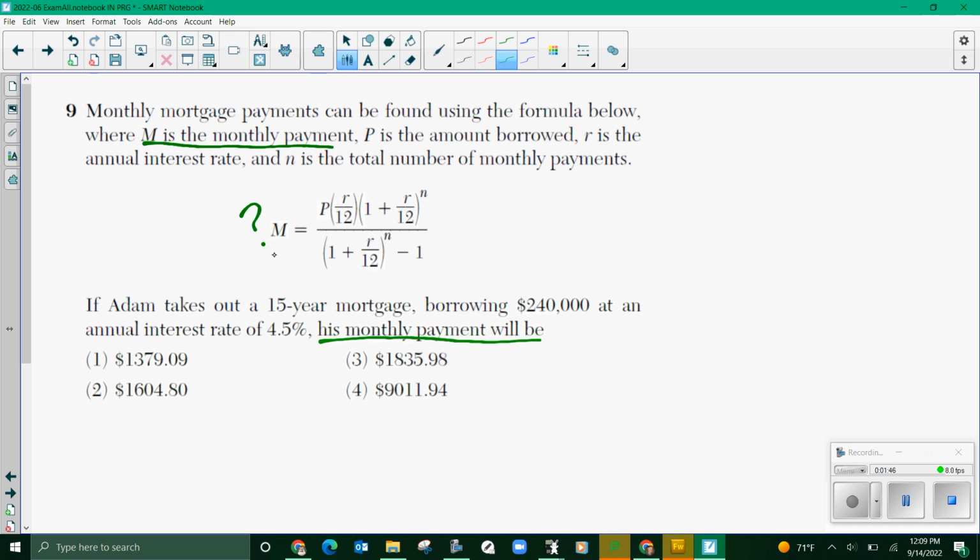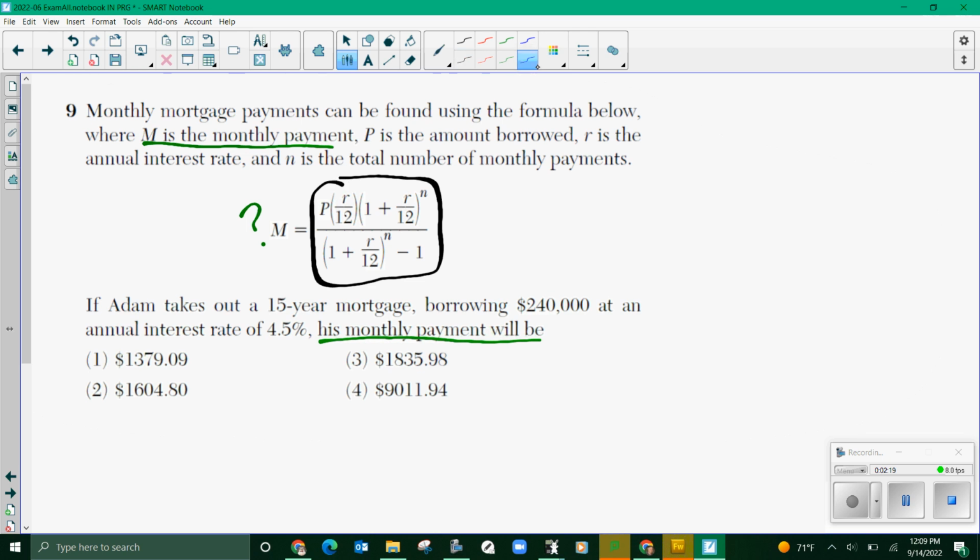If I need to solve for M, that means everything else on this side has to be given to me. So really, they are going to give me a value for P, a value for R, and a value for N. All I need to do is put it in the calculator and hit enter. This problem is really testing you to see if you can use the calculator when you have fractions within fractions. It's really, really simple. So let's start, shall we?